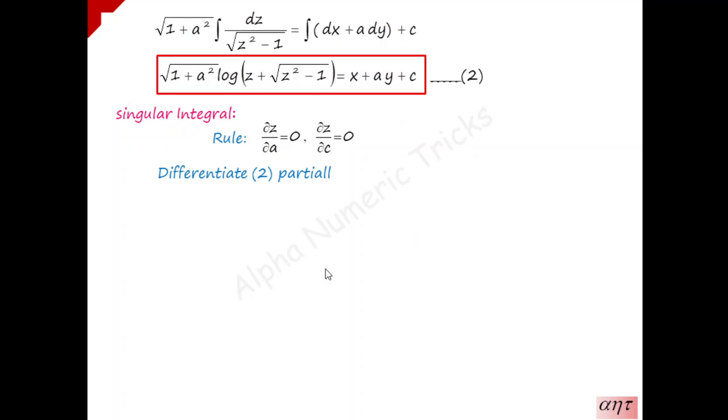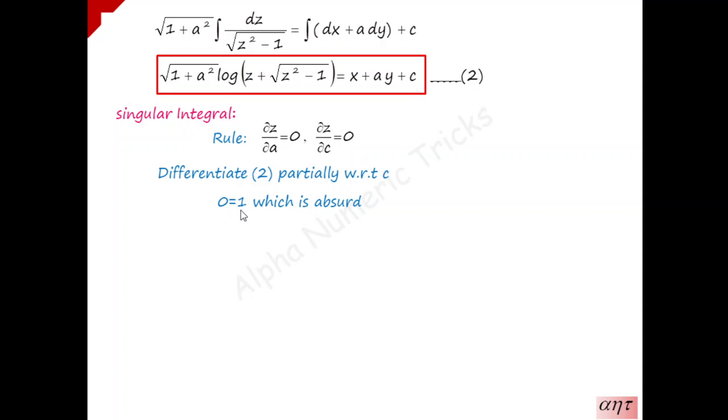So we have to differentiate this with respect to c first. So dou z by dou c is equal to 0. Thus using this, it becomes 0 is equal to x differentiated with respect to c is 0, because x is constant when you're differentiating with respect to c. Similarly for ay, which is also 0, plus differentiation of c with respect to c is 1.